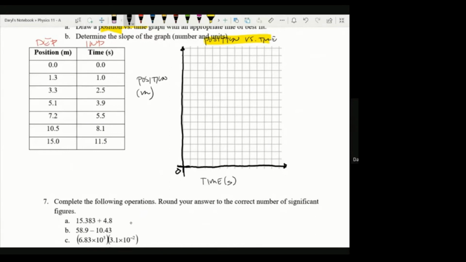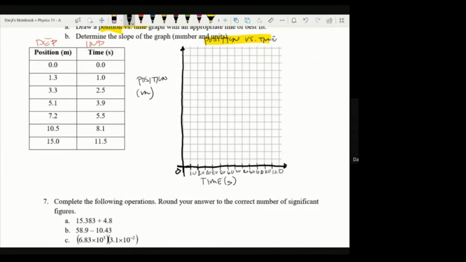Is this enough for me to use every line as 1 second? Well, you have 1, 2, 3, 4, 5, 6, 7, 8, 9, 10, 11, 12. Well, that's enough. So therefore, I'm going to use a scale of 1.0, 2.0, 3.0, 4.0, 5.0, 6.0, 7.0, 8.0, 9.0, 10.0, then 11.0, then 12.0.